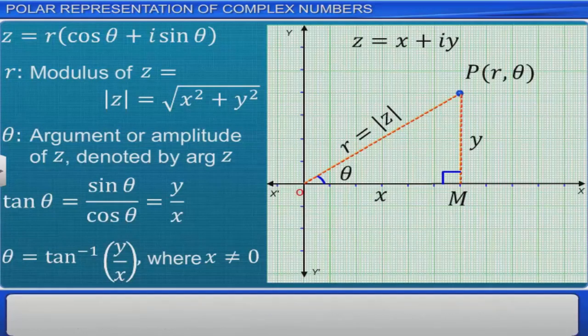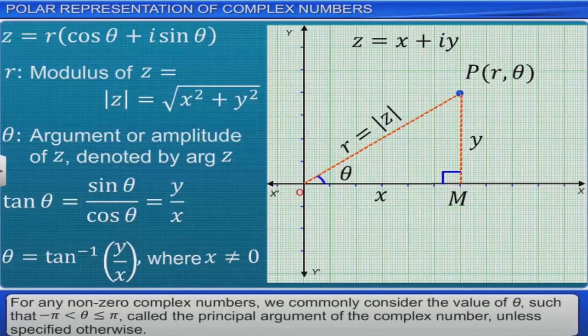For any non-zero complex number, we commonly consider the value of theta such that minus pi less than theta less than or equal to pi, called the principal argument of the complex number, unless specified otherwise.